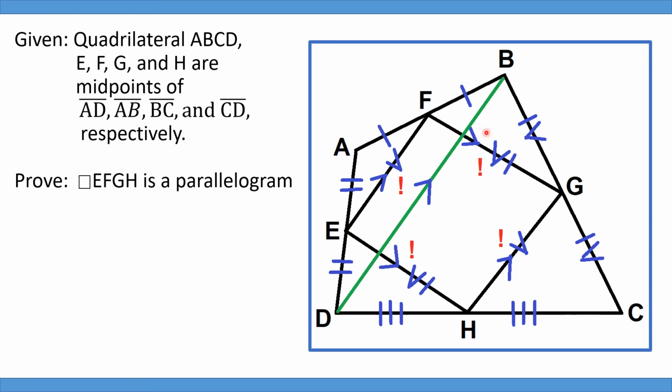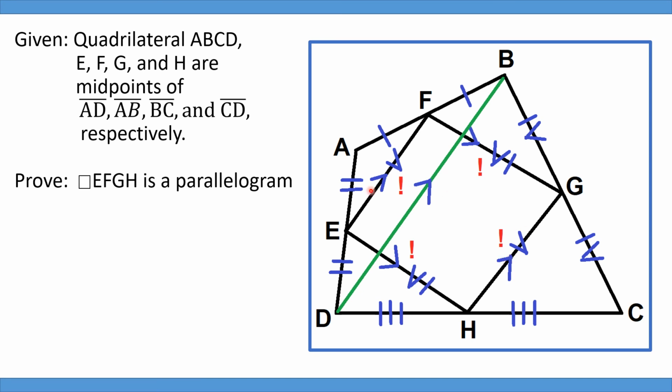So, if you can recall a particular principle that states that this segment joined from the midpoints of these sides is parallel to the third side and is 1/2. Also, this segment that is formed from the midpoints of these two sides of a triangle is parallel to the third side and is 1/2 its measure.